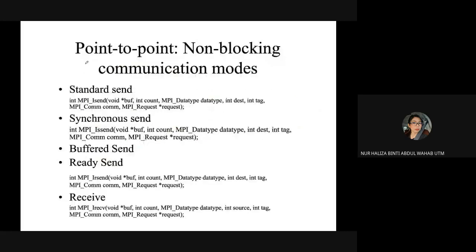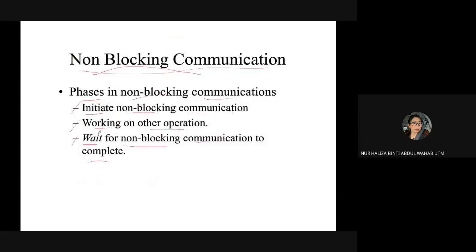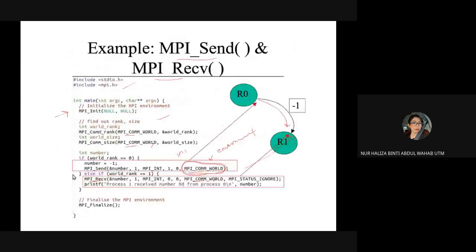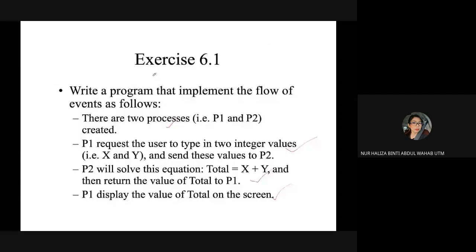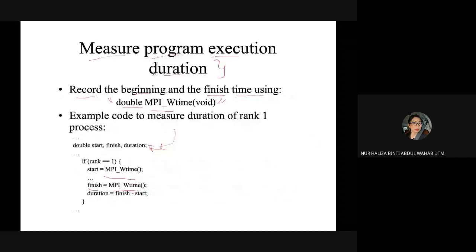So let's say you have the point-to-point and non-blocking communication modes, what commands are you going to use? If it is standard send, what is the command that you will use? If it is synchronized send, what will you use? Similar to this table back here, you can see this one. This is point-to-point MPI functions, and this one is specifically for non-blocking, although it is point-to-point.